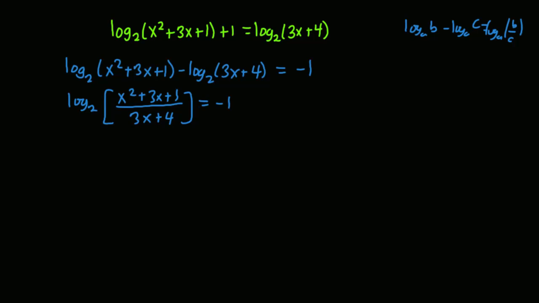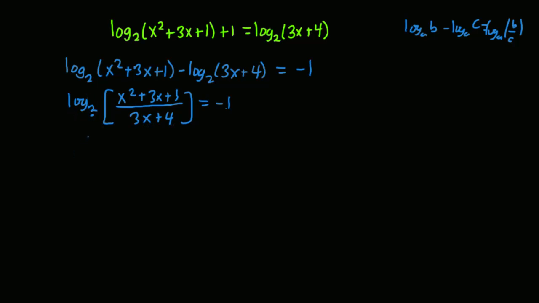So what I'm going to do is find an antilog, and with the antilog, these two will be 2 exponent -1 and will be equal to x squared plus 3x plus 1 all divided by 3x plus 4. So the log will disappear, so it will be antilogged.